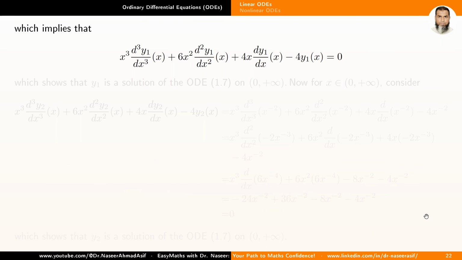So we have x cubed d3y1/dx cubed of x plus 6x squared d2y1/dx squared of x plus 4x dy1/dx of x minus 4y1 of x is equal to 0. This shows that y1 is a solution of the ODE 1.7 on the open interval 0 to plus infinity.